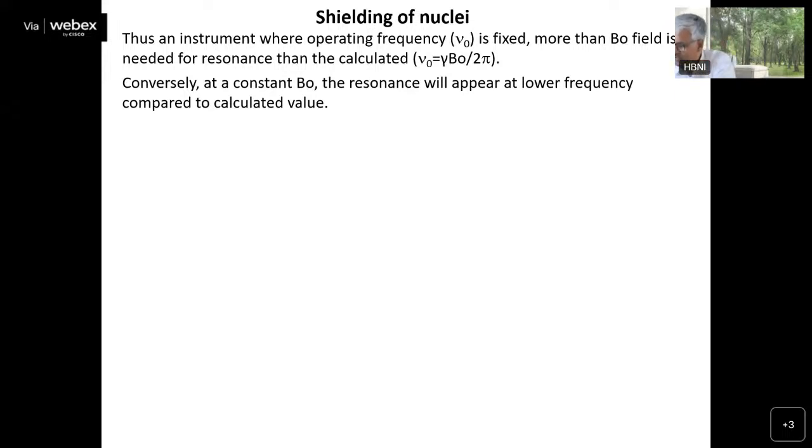Normally in the NMR spectrum, let us say B0 is fixed.